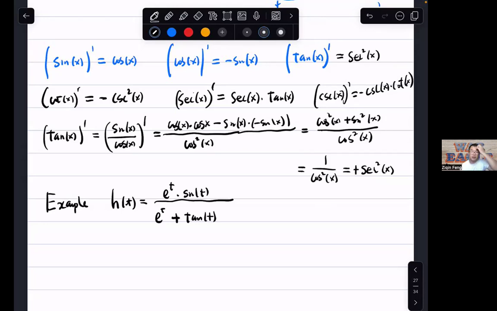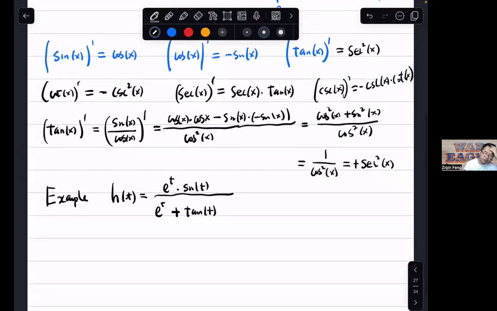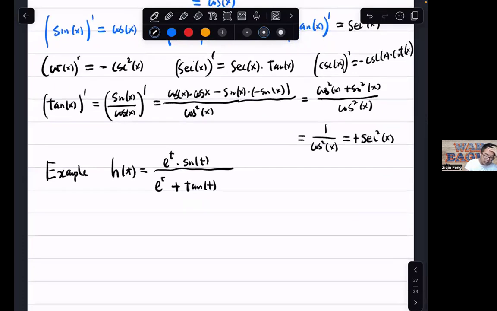Let's see how we differentiate this function. So h prime of t is what? This is a quotient, so apply the quotient rule first. You get the denominator, e to t plus tangent of t, squared.